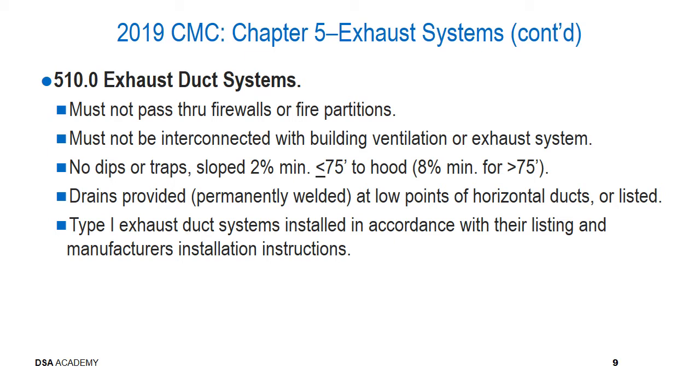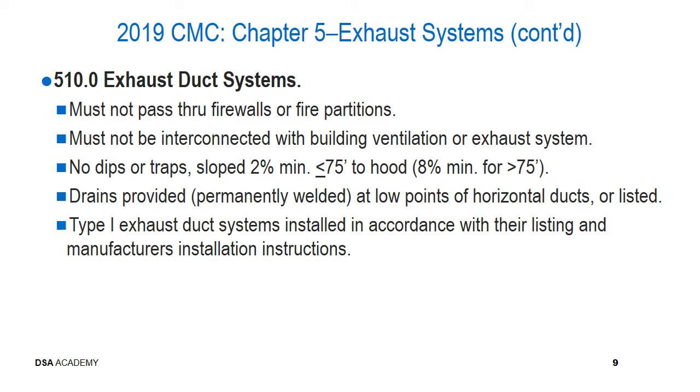Any type of dip or trap is not permitted in these types of ducts, and they are required to be sloped 2% minimum back to the hood for lengths of duct that are less than or equal to 75 feet. And they're also required to slope a minimum of 8% back to the hood for any ductwork runs that are greater than 75 feet.